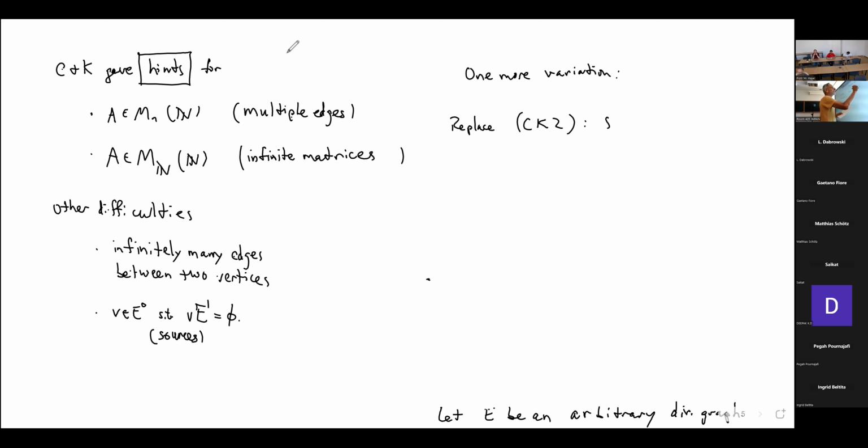That was S_I star S_I is the sum over J such that A of I J, so allowable edges.